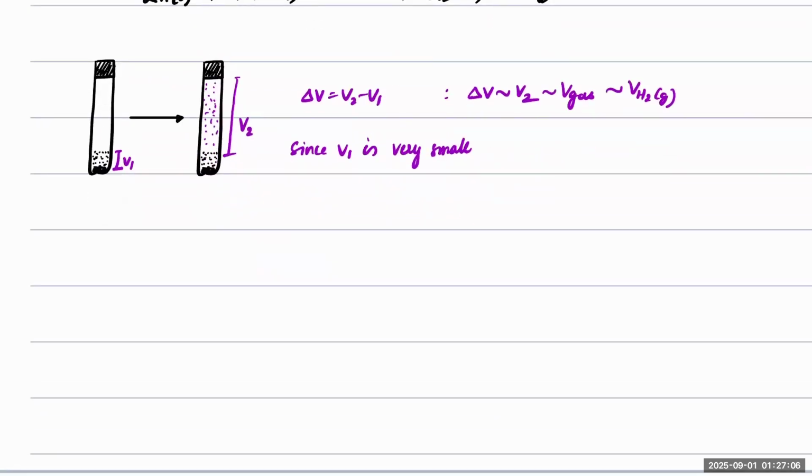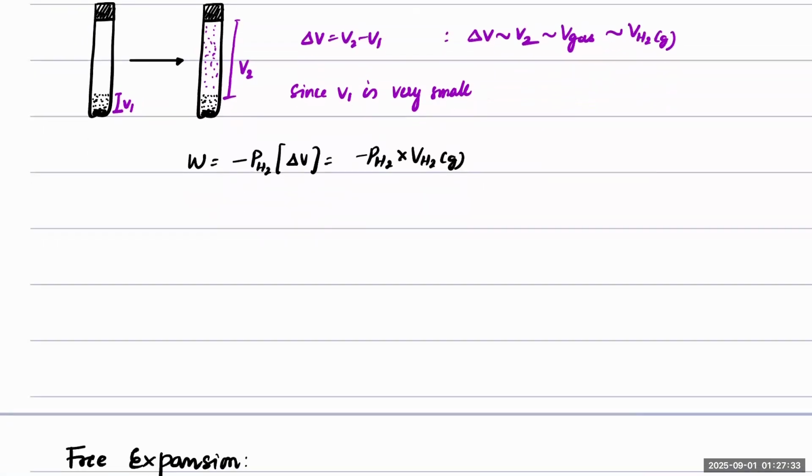So if that is the volume of the gas occupied, how do I write work done? Work done is equal to minus pressure given by that H2 gas into delta V, and delta V can be simply written as the volume of H2 gas directly. We can ignore the volume occupied by zinc or zinc chloride, because they are very, very small values.